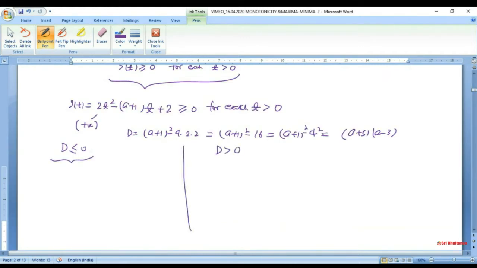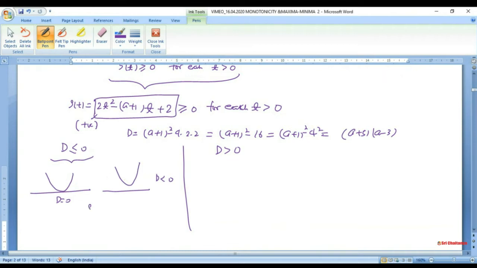If D is less than or equal to 0, then this parabola, because it has to open upwards, will be either of this form or of this form. It means either it is always positive or it is always non-negative. That is 0, which can happen when D equals 0. This case corresponds to D equal to 0, and this corresponds to D less than 0. But no matter what happens, in both cases the quadratic 2t squared minus this will be always non-negative.